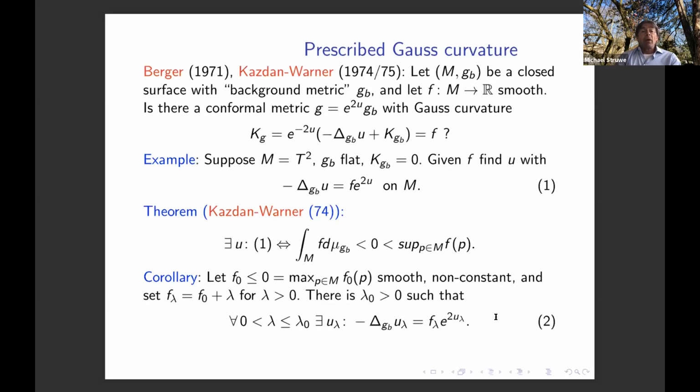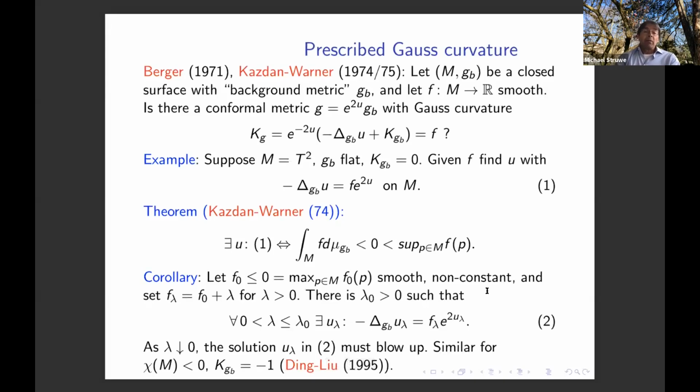However, when lambda tends to 0, the solution u_lambda to this equation has to blow up, because when lambda equals 0 there is no solution, since the strict inequality in the Kazdan-Warner theorem is no longer satisfied. A similar phenomenon occurs for higher genus.